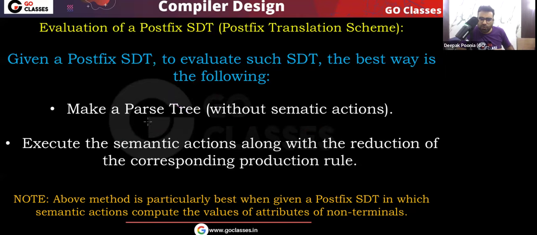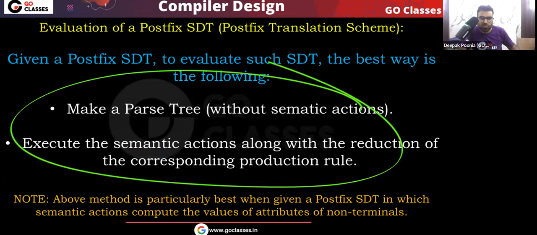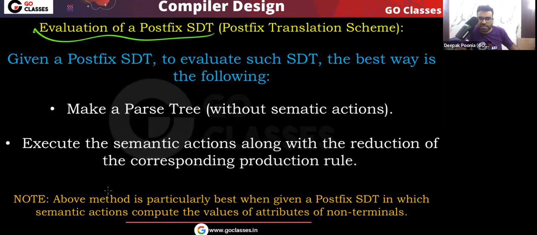Then perform a left to right depth first traversal and execute the semantic actions along with the reduction of the corresponding production rule. Meaning, when you reduce a production rule, immediately after reducing it, we execute the corresponding semantic action of that production rule. So this is how we evaluate a postfix SDT.